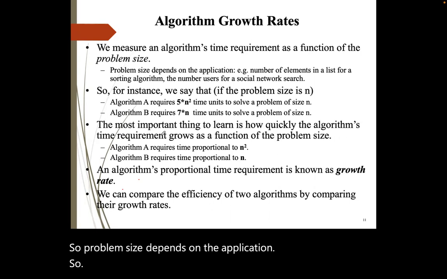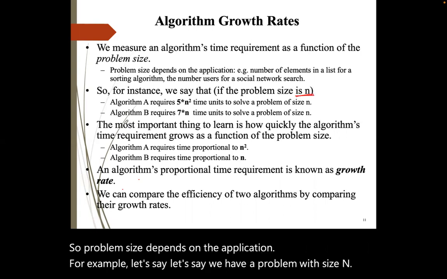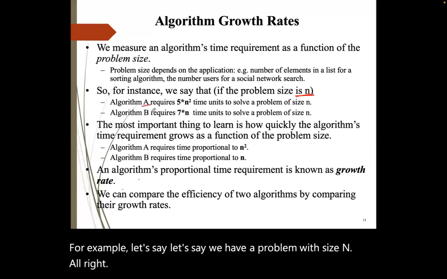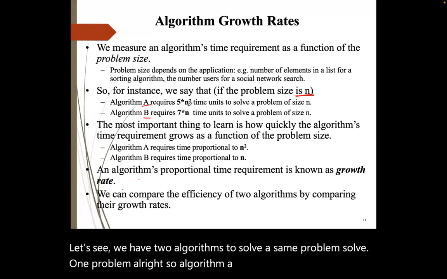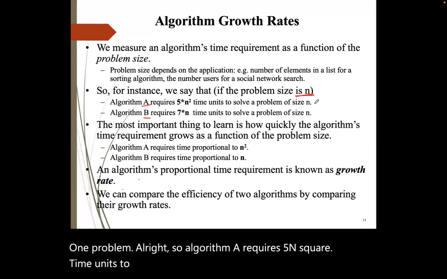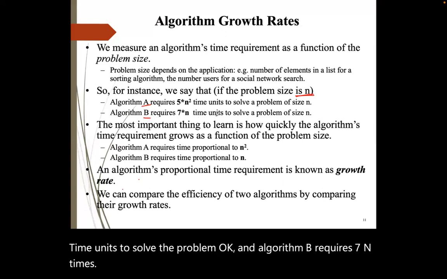For example, let's say we have a problem with size n. Now let's say we have two algorithms to solve the same problem. Algorithm A requires 5n² time units to solve the problem, and algorithm B requires 7n time units.